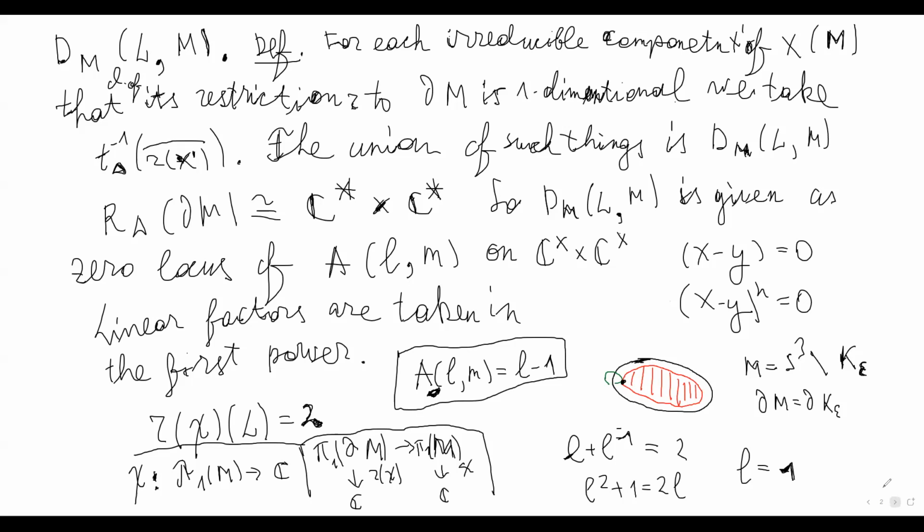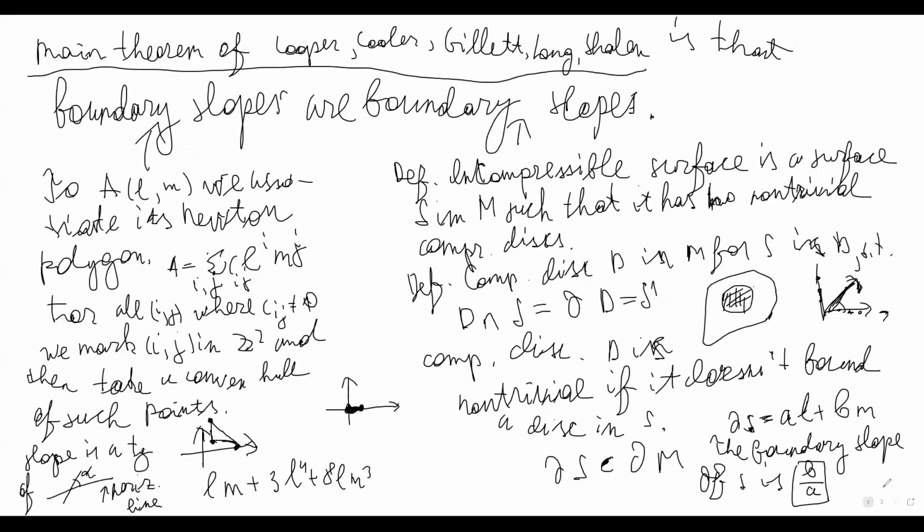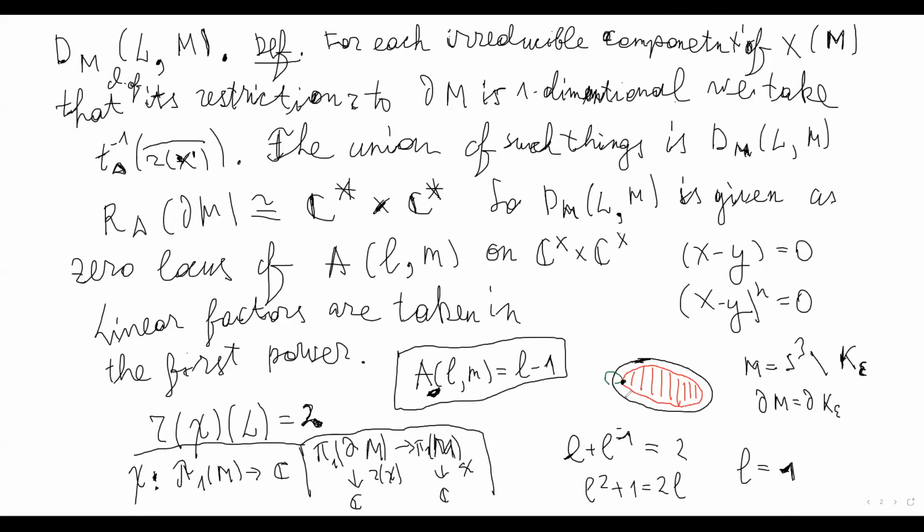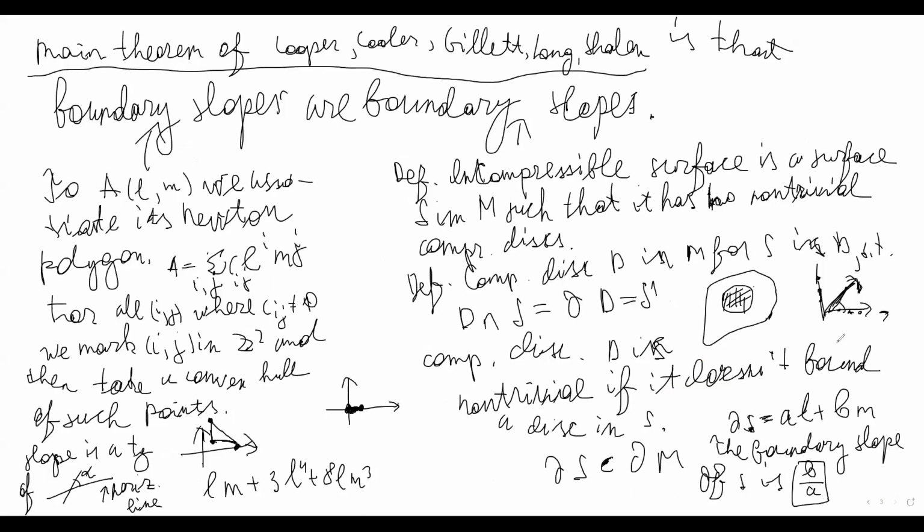So for this incompressible surface, its boundary is L. In coordinates it has coordinates (1, 0), and again the slope of this vector is 0. So yes, this edge and this vector are parallel. So this is a very good example.